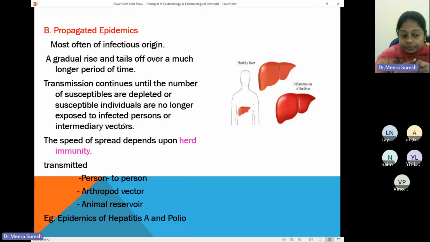Among those 50 people, maybe in childhood, 20 people have developed chickenpox. So we don't expect chickenpox to come again in their life, because it's usually a lifetime infection. However, the second infection in case of chickenpox, if it happens, we call it herpes zoster.